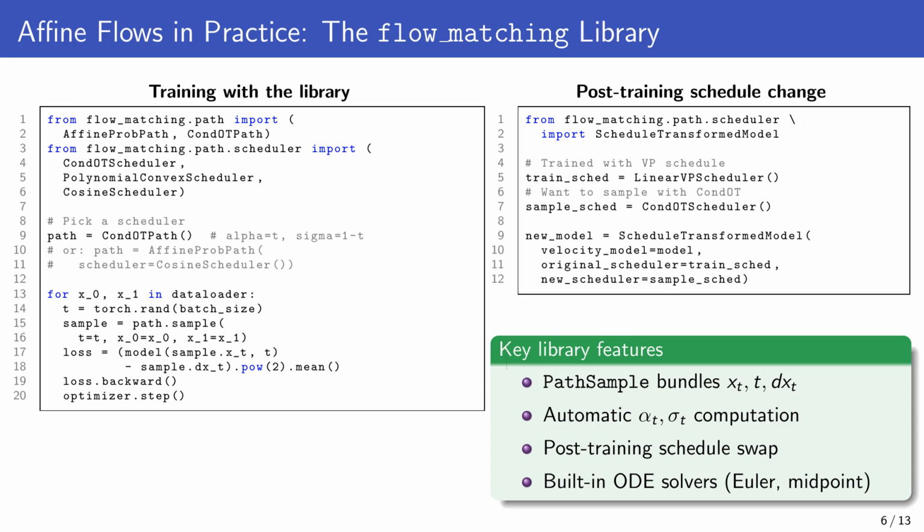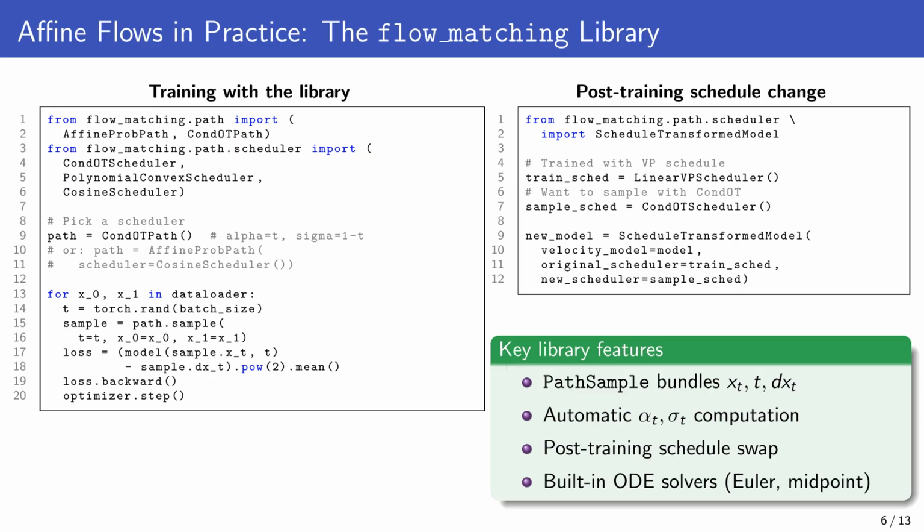On the right, you see something particularly powerful: post-training schedule change. Remember the scheduler equivalence theorem from the previous slide? Because all schedules produce the same samples in theory, you can train with one schedule and sample with another. The library's ScheduleTransformedModel does the conversion for you using the scale time transformation from the paper. This is useful in practice.